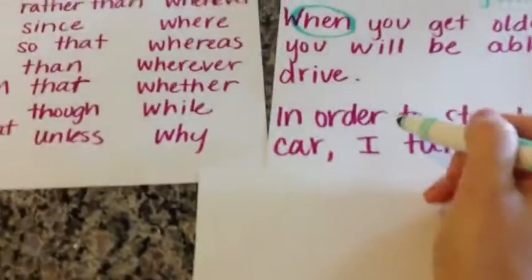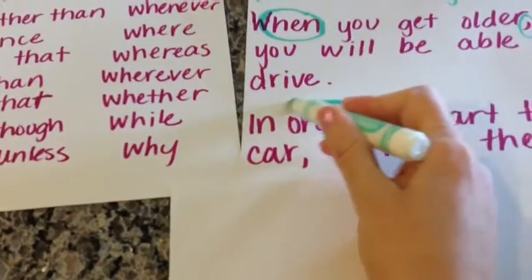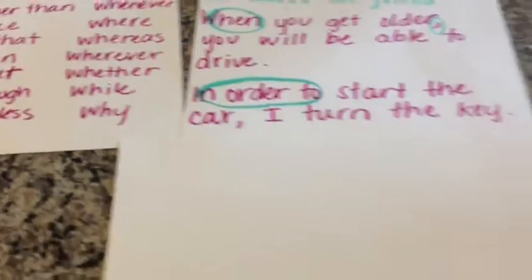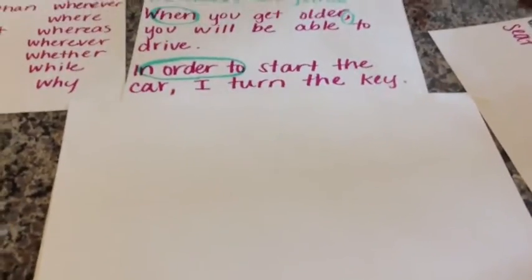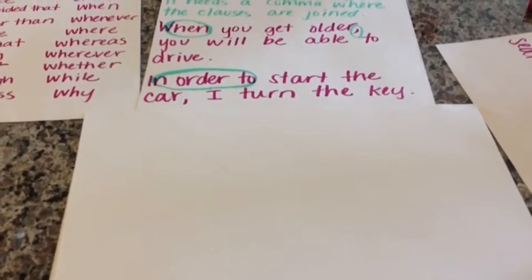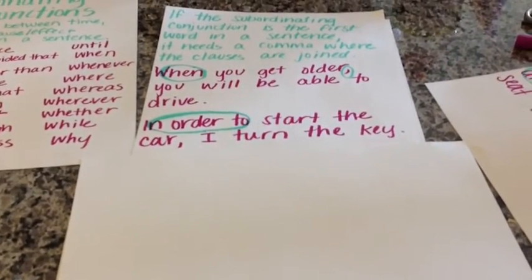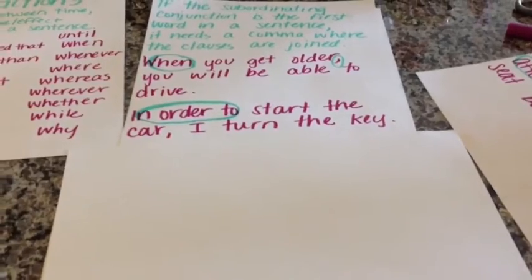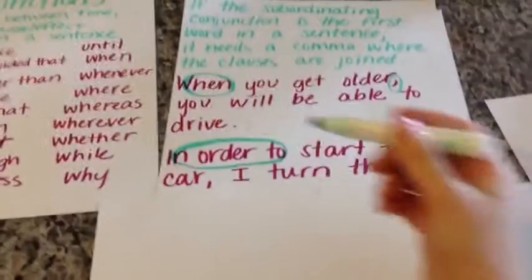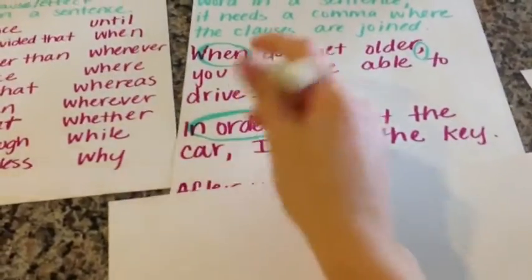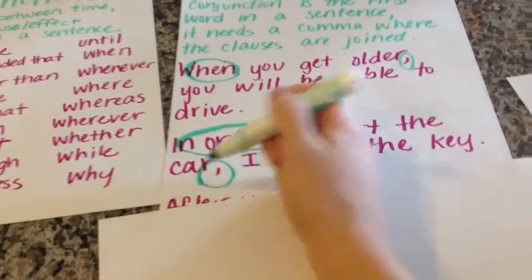You go ahead and circle that. In order to start the car, I turn the key. Now what do I have to add since my subordinating conjunction is at the beginning of my sentence? I have to make sure that after that first clause I have my comma. Okay.